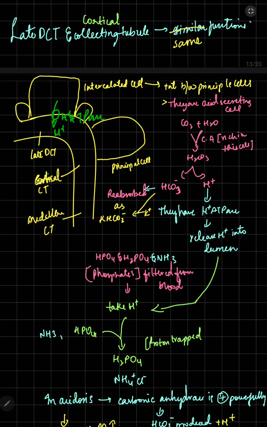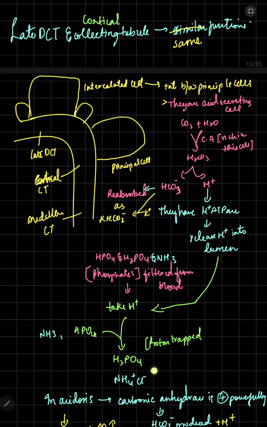And then what happens? They release H plus into the lumen, and this H plus is taken up by phosphate and ammonia, which are filtered from the blood, right? So these compounds, HPO4 and NH3, take up this H plus and form H2PO4 and ammonium chloride.